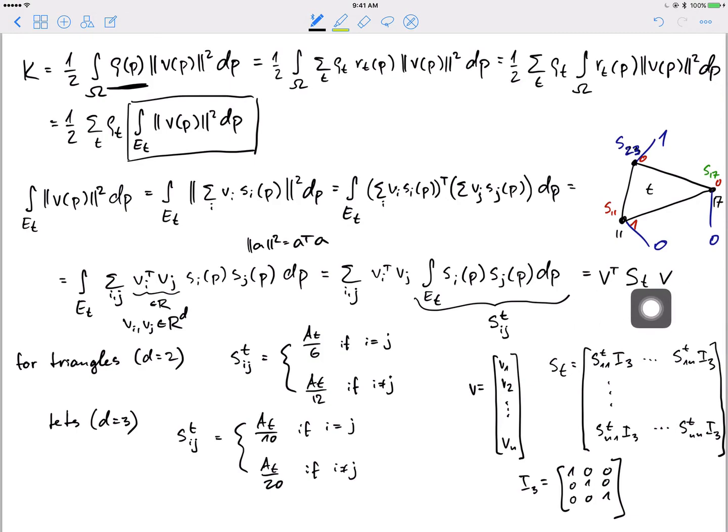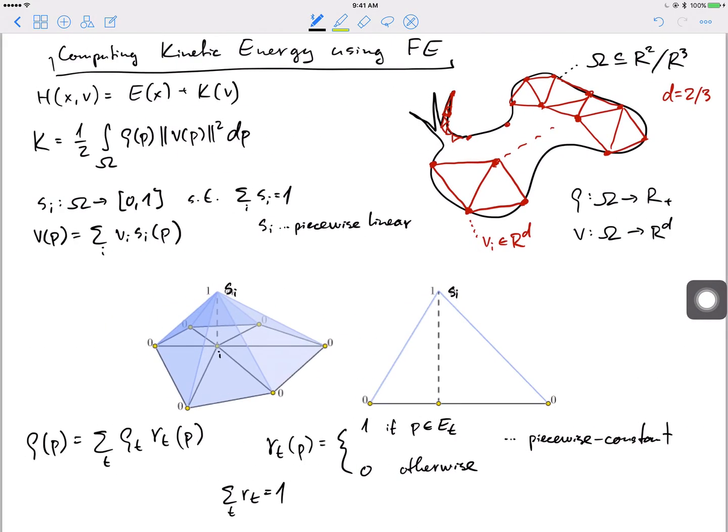All right, so this S_T is a constant matrix you can pre-compute that depends just on the geometry of your mesh. By the way, this is just the rest pose. This has nothing to do with any motion or deformation of that object. We are talking about the Lagrangian formulation all the time. So whenever this is moving in space, this thing is always the same.